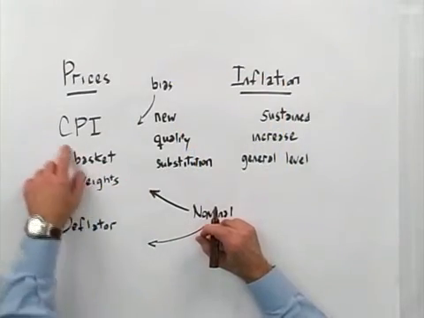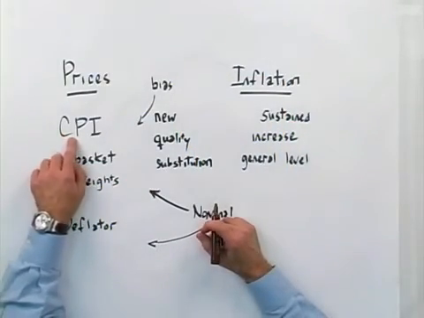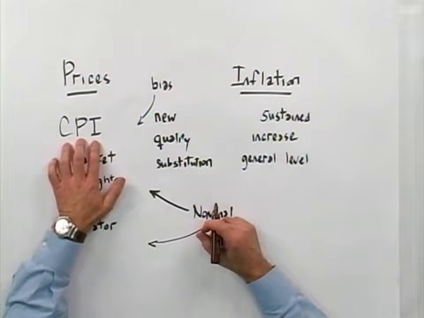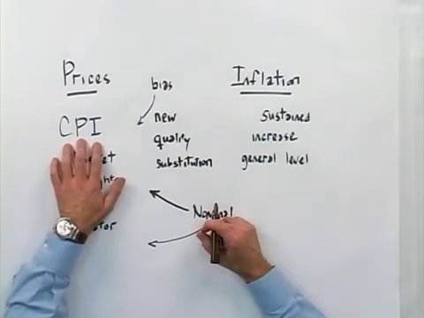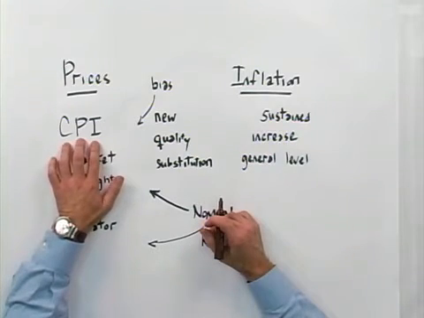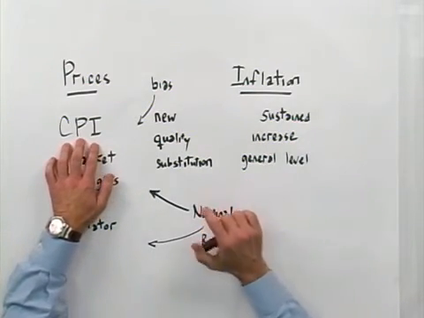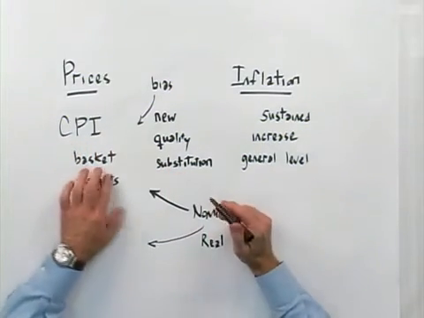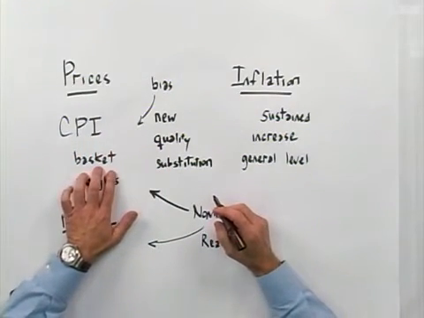The first is the CPI. The CPI stands for the Consumer Price Index. It is put together by the Department of Labor as part of their Bureau of Labor Statistics, and the CPI is built from a basket of goods and services.